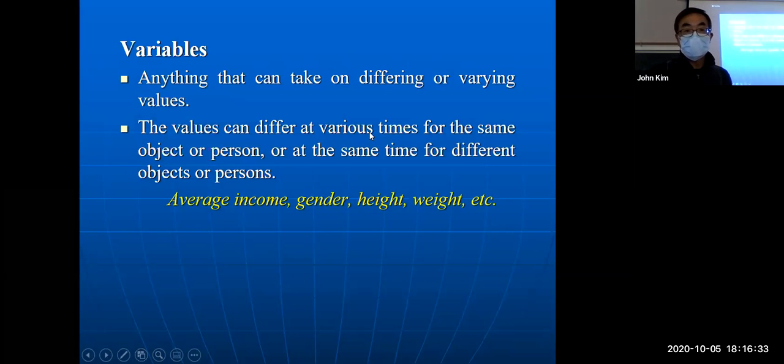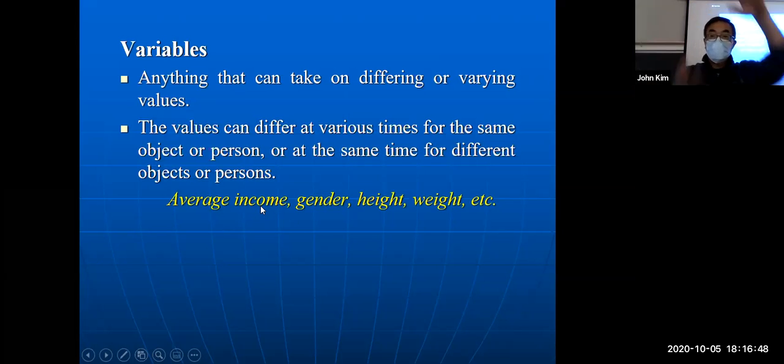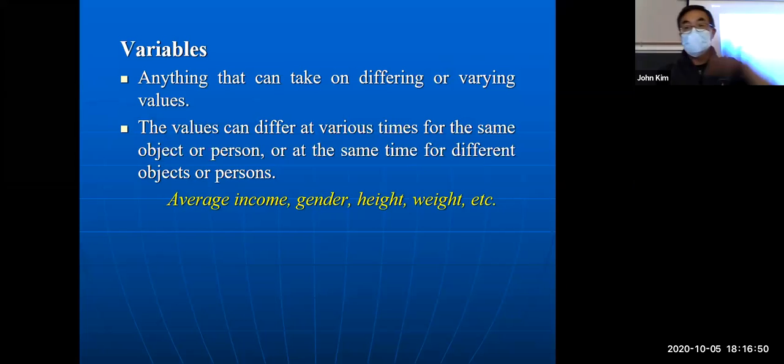Variables are anything that can take on differing or varied values, such as income, where we can divide into high, middle, and low, and then gender, height, weight, and so on.